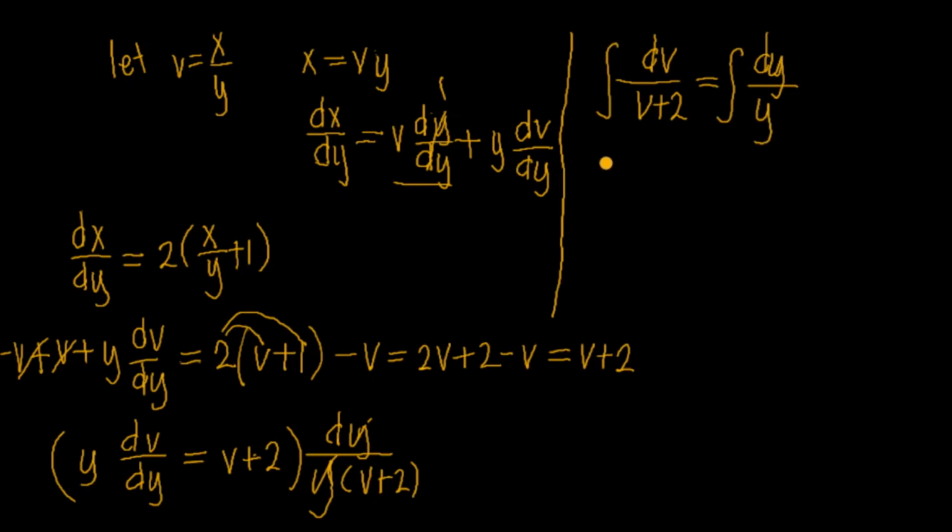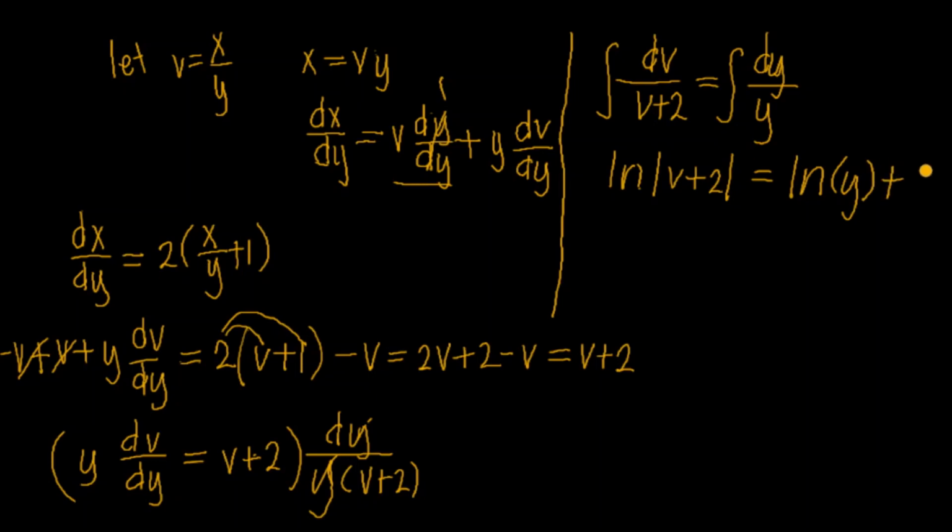The integral of dv over v plus 2 is just the natural logarithm of v plus 2. And the integral of dy over y is just the natural logarithm of y, plus a constant.